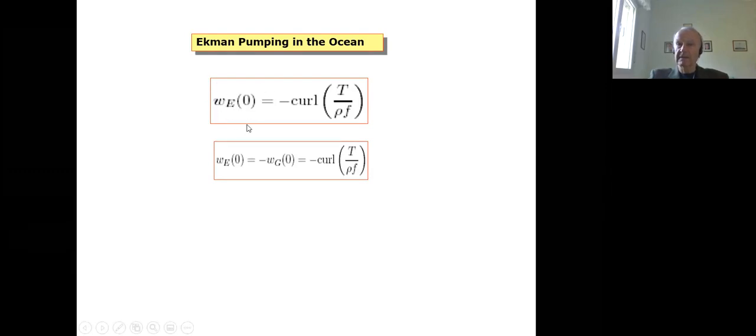The vertical velocity associated with the wind at the surface is due to the horizontal spatial variability of the wind field.